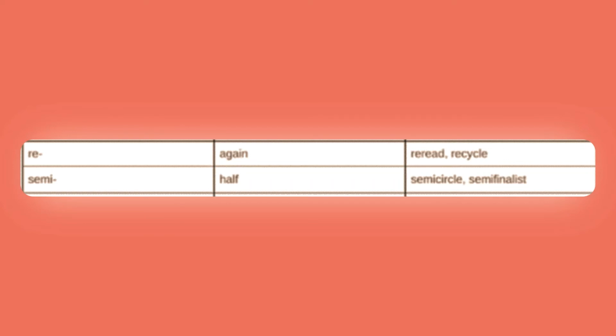You're talking about half a circle. And you might talk to me about living in a semi-detached house. It means that your house is only attached on one side and the other side is free. So we say semi-detached. When you're using prefixes, think about the meaning.